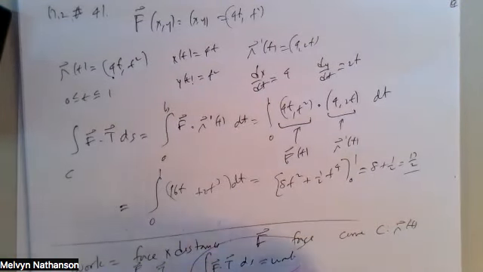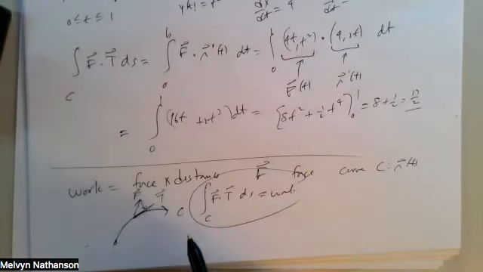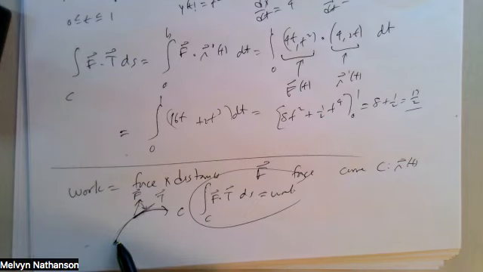So one physical interpretation of this line integral is you have a particle moving in a force field, and the work being done by the force on the particle as it moves along C is exactly this integral.